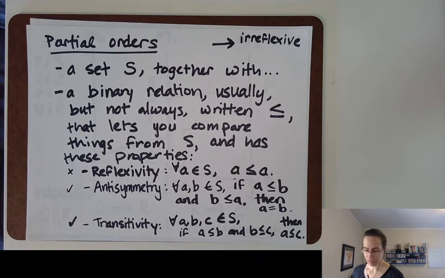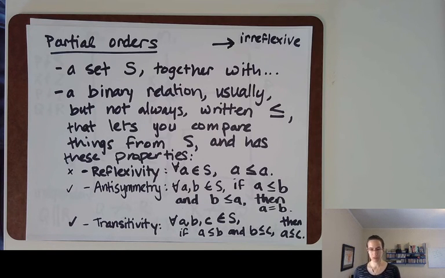So there are lots and lots of relations that are partial orders. And whenever you talk about a relation being a partial order, it's useful to think about, okay, what set are we dealing with, right? If it's happens before, then the set we're dealing with is the set of events, right?